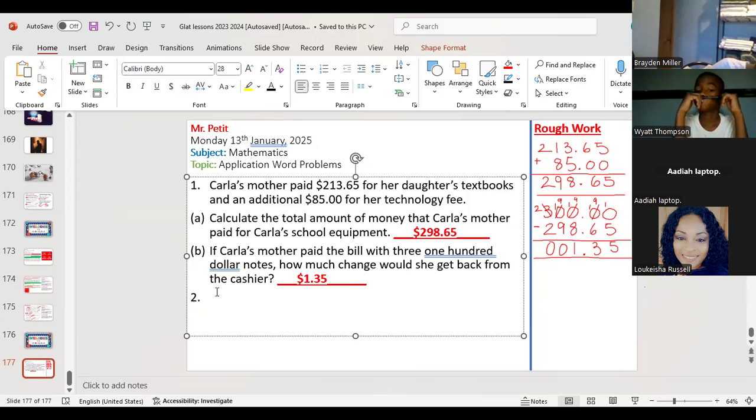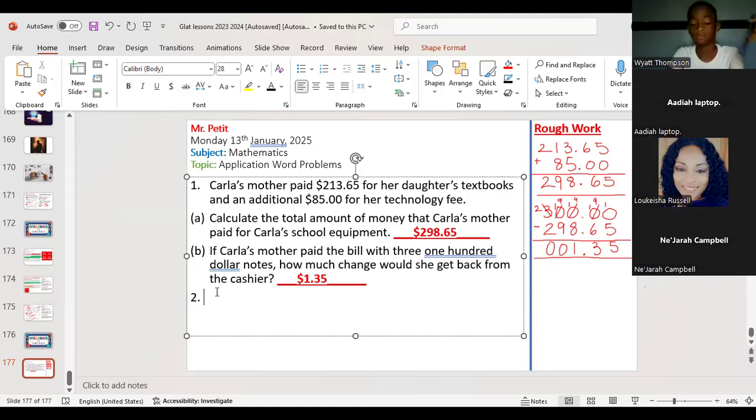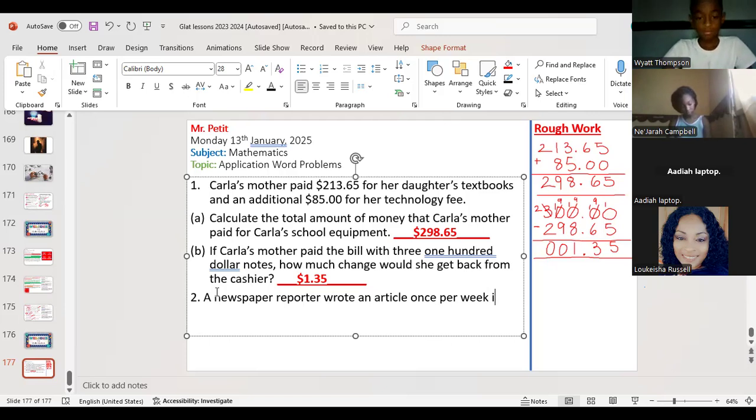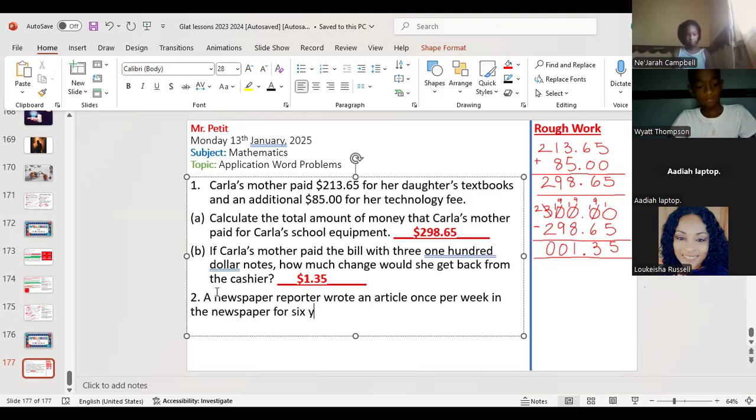So number 2 says that a newspaper reporter wrote an article once per week in the newspaper for 6 years continuously.